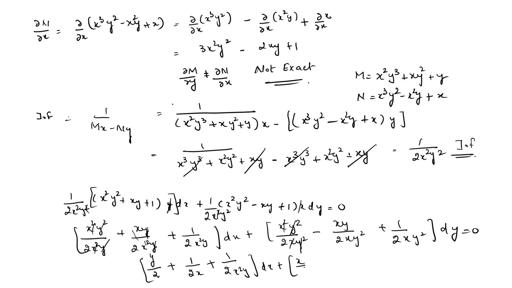You will get x by 2 minus 1 by 2y, then 1 by 2xy square dy. So now this is our new equation in terms of M dx plus N dy. So from here, this is the value of our M.